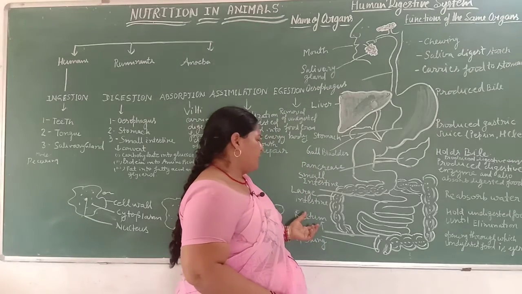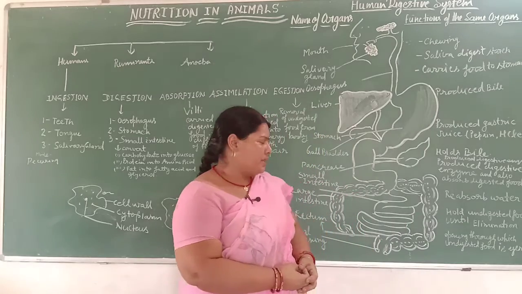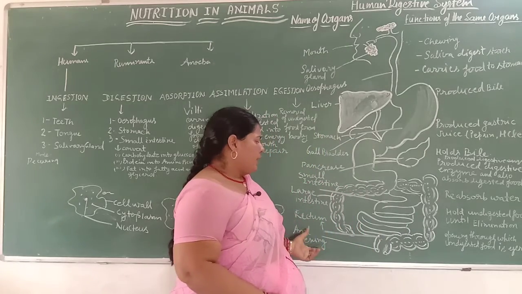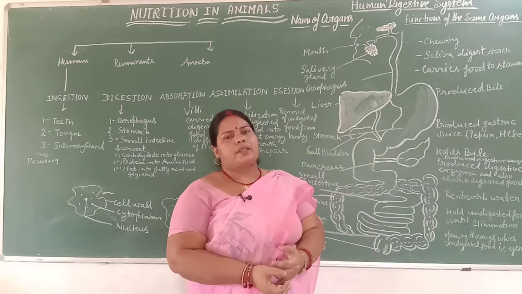The next part is the rectum, which holds the undigested food until its elimination, and the next part is the anal opening, the opening through which undigested food is egested.